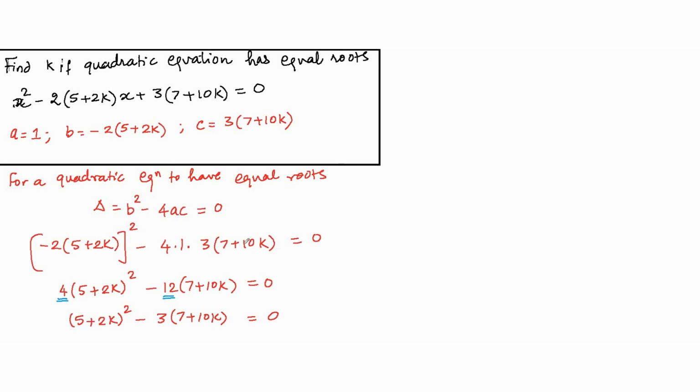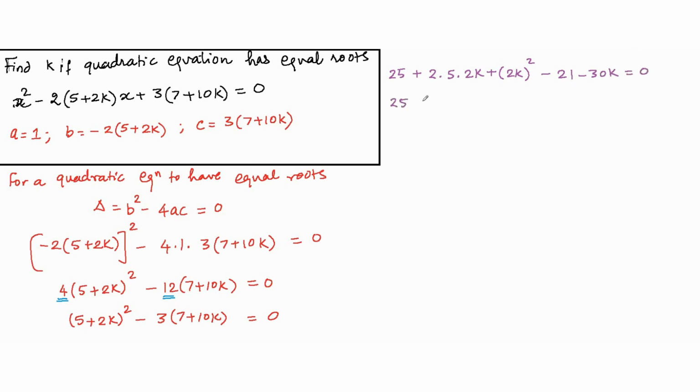This is of the form a plus b the whole square, which is going to be a square plus 2 times a times b plus b square, minus 3 7s are 21, and 3 into 10k is minus 30k is equal to 0.